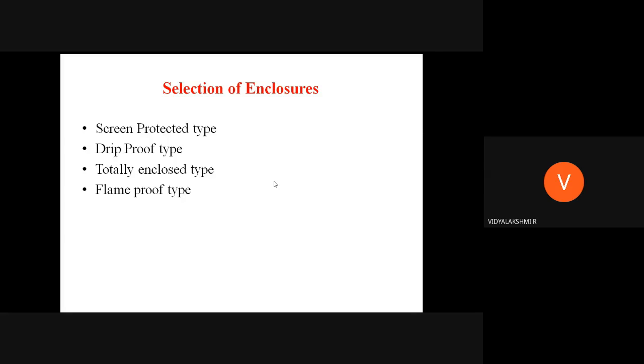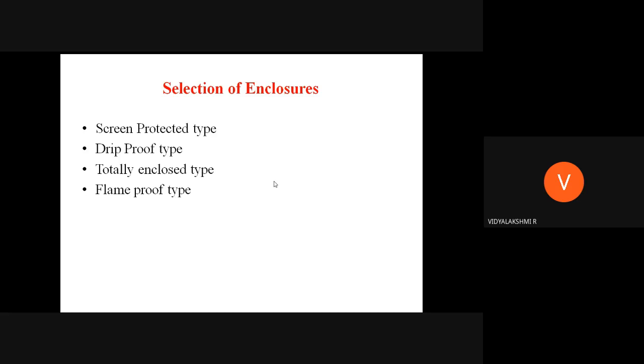I'm repeating once again the selection of enclosure. To prevent dust or other environmental effects, I have to enclose my motor with some arrangement. There I can divide it into screen type, drip proof, totally enclosed, and flame proof.